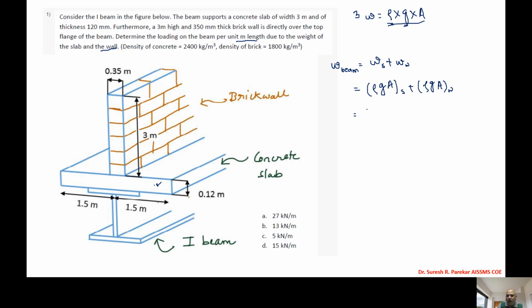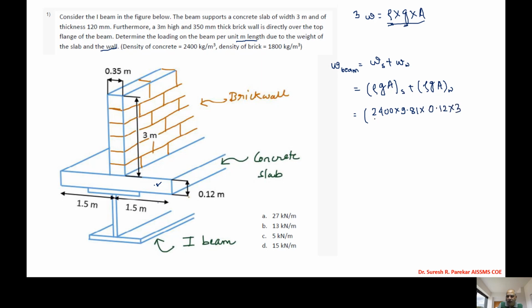Now rho for the slab is given as 2400 kg per meter cube. So we have 2400 into 9.81 into the area of the slab, 0.12 into 3.